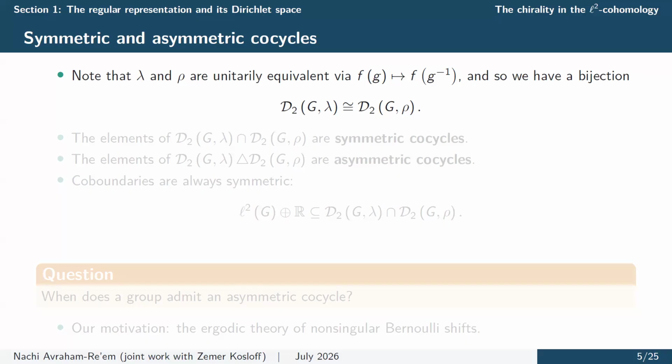They come naturally isomorphic. But as subspaces of the ambient space R to the G, no one guarantees that they are the same. If I look at a specific function in R to the G and I ask myself, is it in the left Dirichlet space? Is it in the right Dirichlet space? The answer might be different between the two. Algebraically, as abstract vector spaces, it's fine.